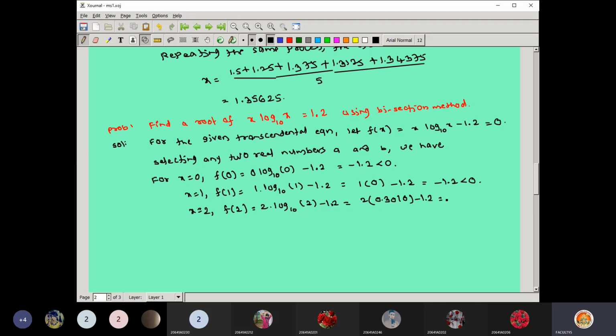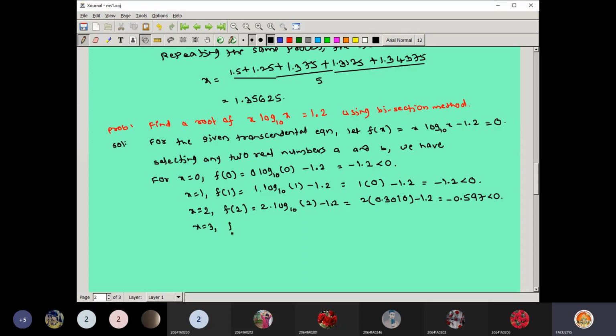Can you give us the final answer for this? Minus 0.59. Minus 0.597. So again you are getting it is less than 0. Again you are getting negative value. So better you go for the next value.